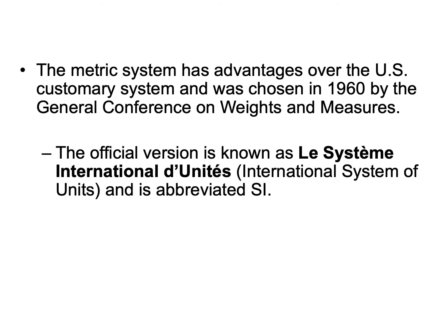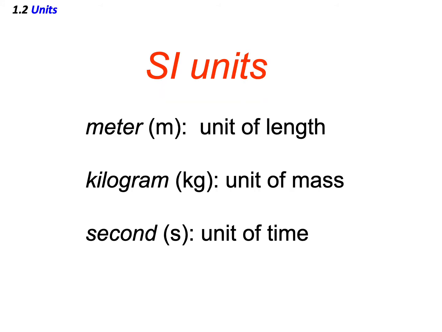The metric system has advantages over the US customary system, and therefore we use the metric or SI system nationally and internationally as the main unit system. We abbreviate it as SI, international system.